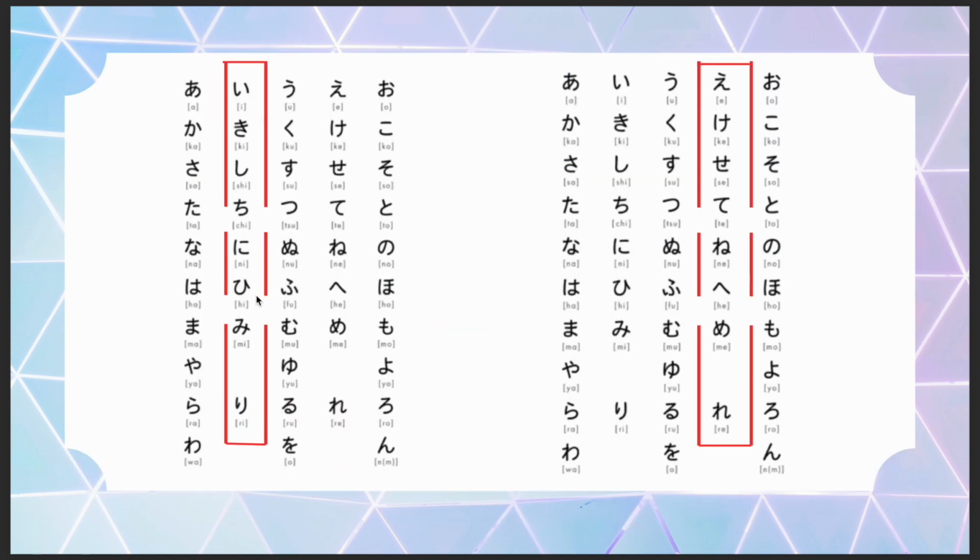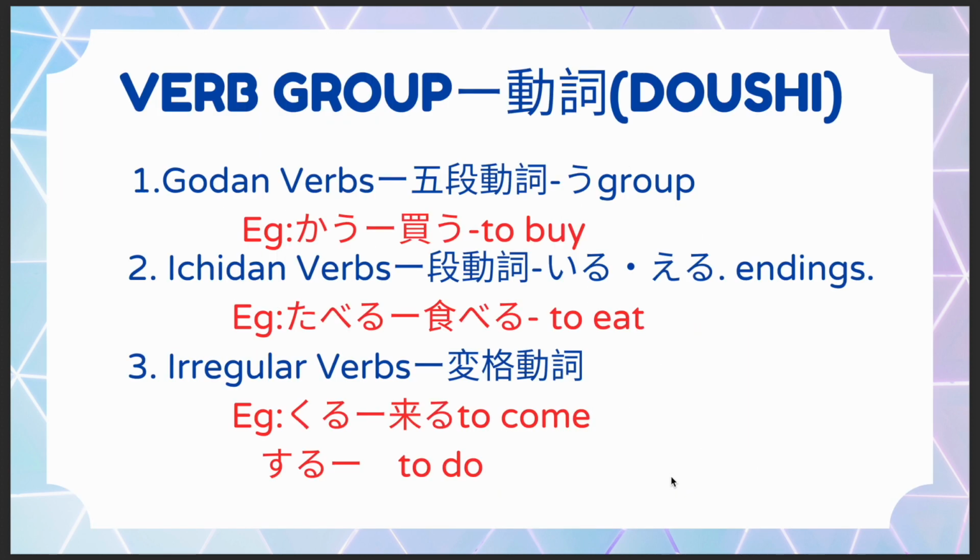Iru means the i line, all of the i vowel sounds, and similarly for eru, all of the e sounding kanas with ru. So all verbs that end in iru or eru are called ichidan verbs. For example, taberu, which means to eat.